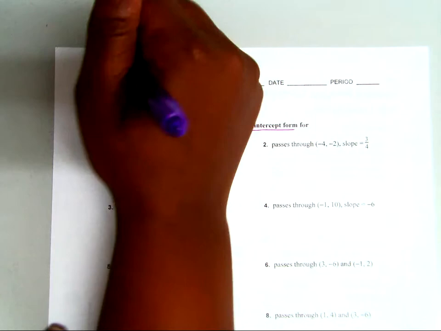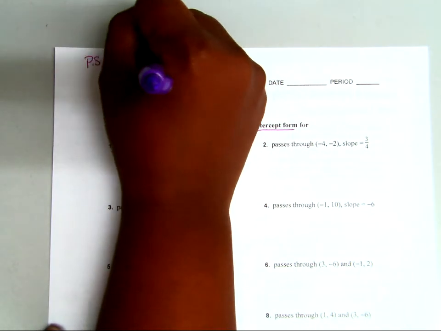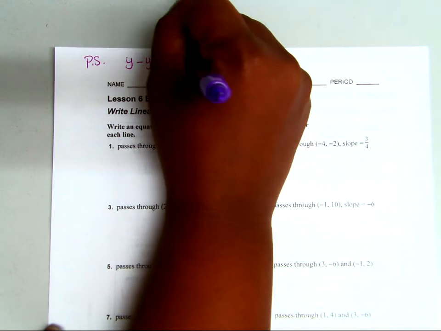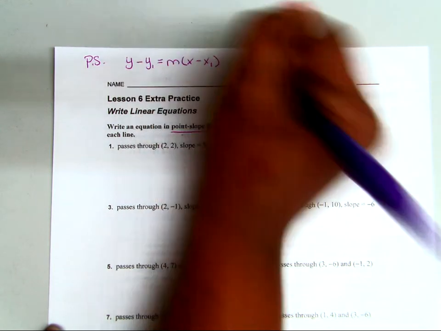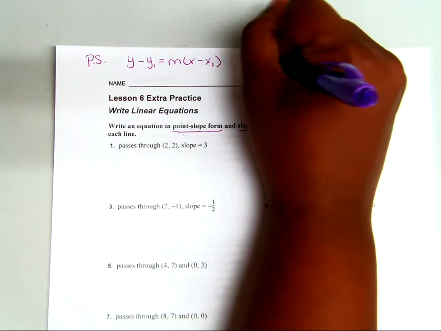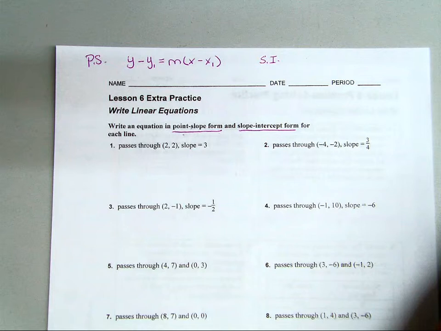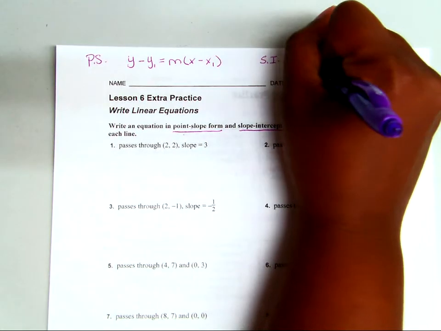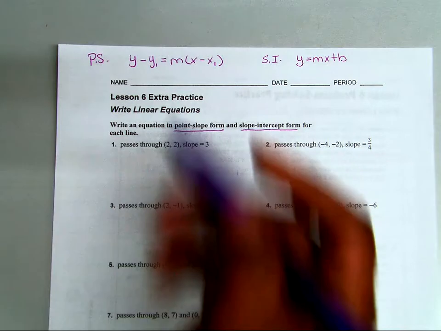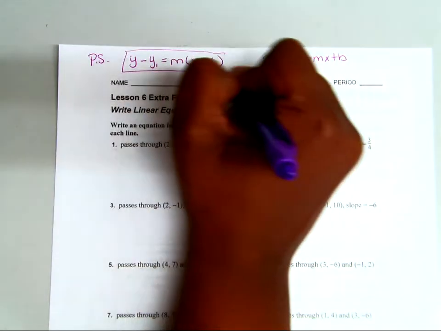Point-slope form, I know, is Y minus Y1 equals M times the quantity of X minus X1. Bam. So that's the form it has to be in. Slope-intercept form, SI. Y equals MX plus B. Bam. Okay? I'm going to put a little box around it.